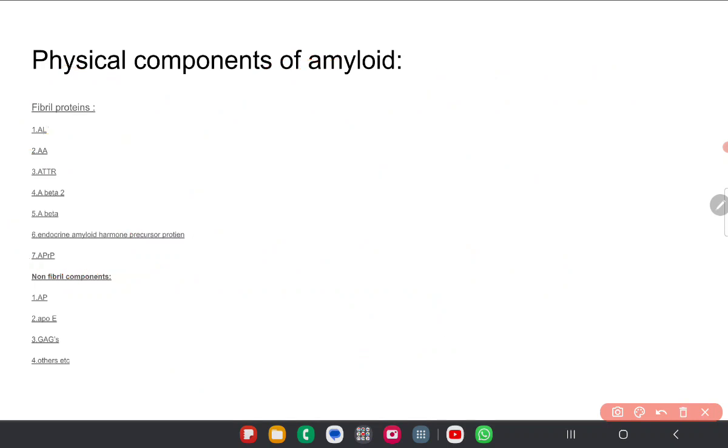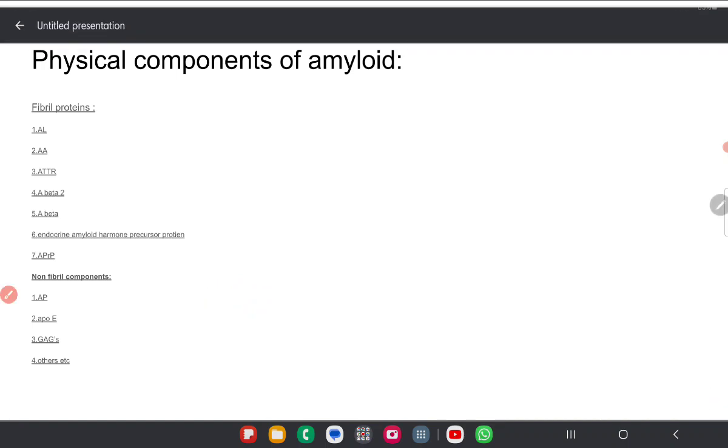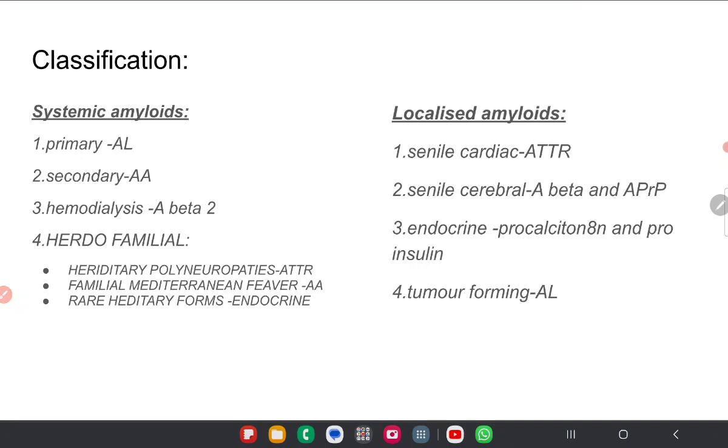Then comes the classification, which is divided into systemic amyloidosis and localized amyloidosis. Primary: I already said about multiple myeloma, and secondary amyloidosis is the AA type, as I already said about SAA.